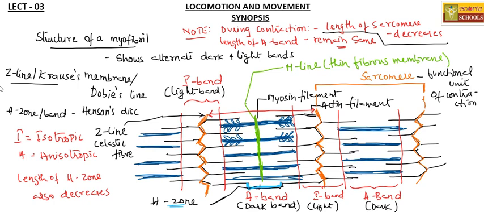When there is a contraction, the length of the sarcomere, from Z line to Z line, decreases, and the H zone, present in the dark band where there is no overlapping of actin filaments, also decreases, whereas the length of the A band remains the same. So this point is important.